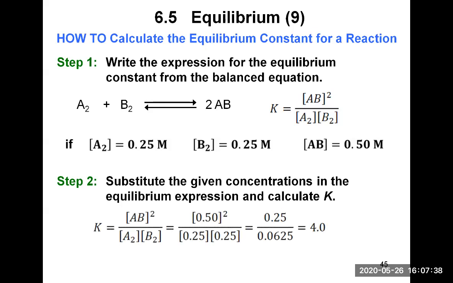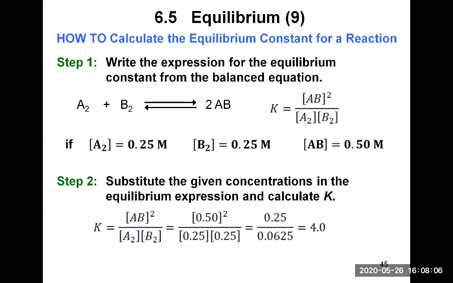K is equal to concentration of AB squared. AB has a value of 0.50, and you can drop the molar unit. So 0.50 squared over concentration of A2, 0.25, times concentration of B2, also 0.25, multiplied together.